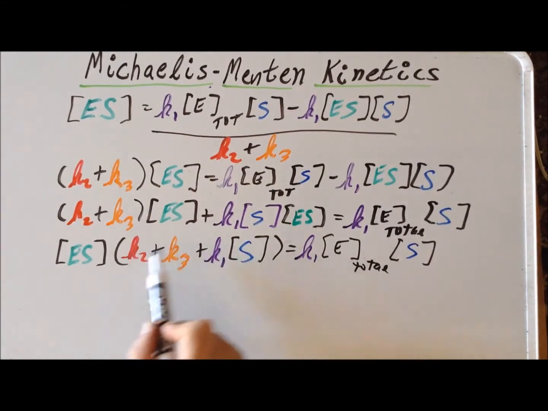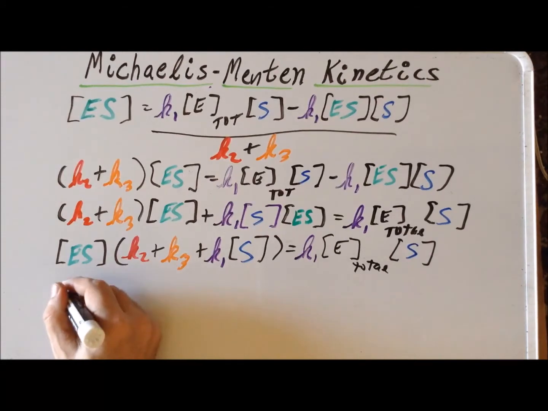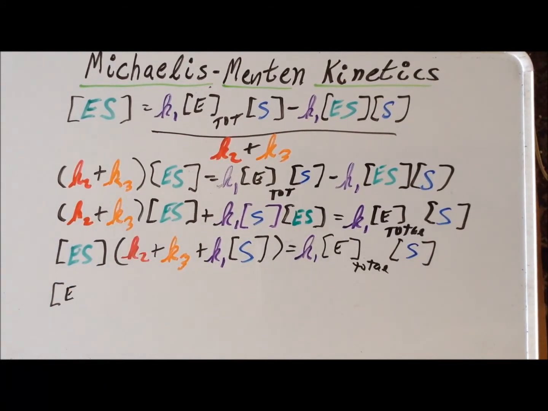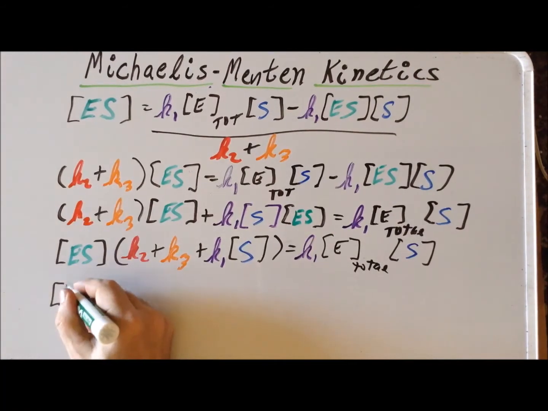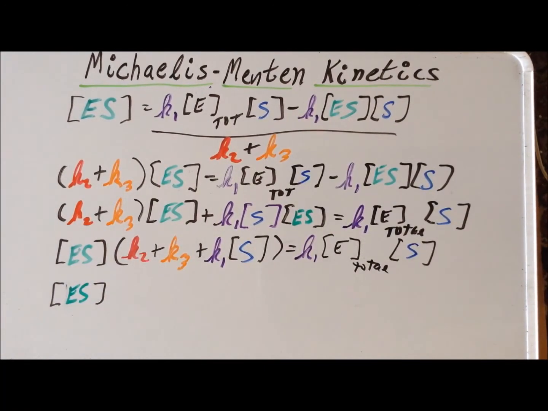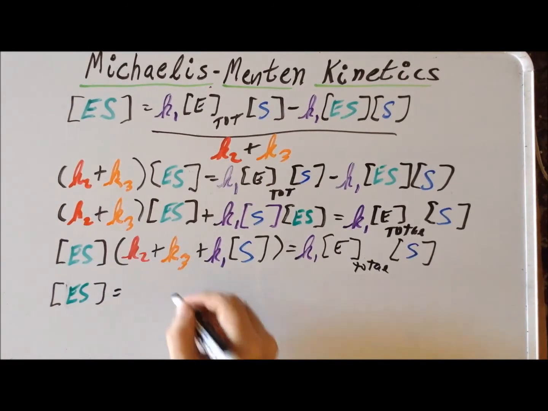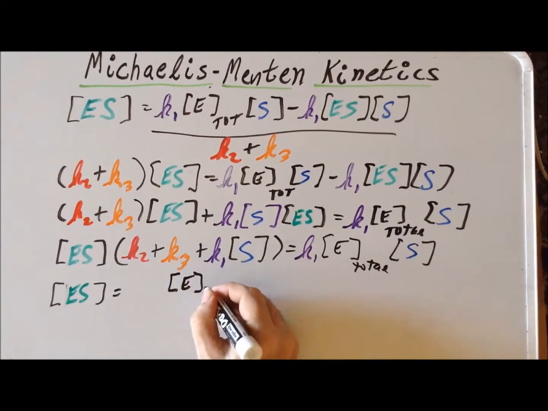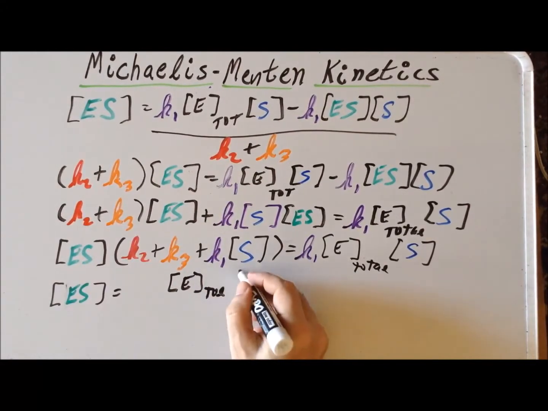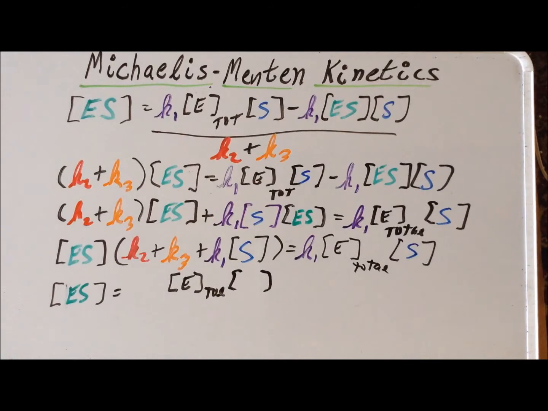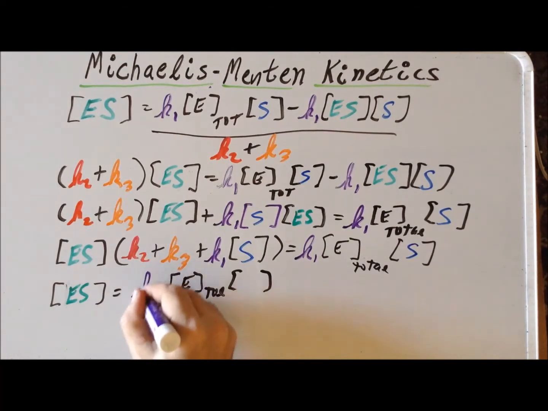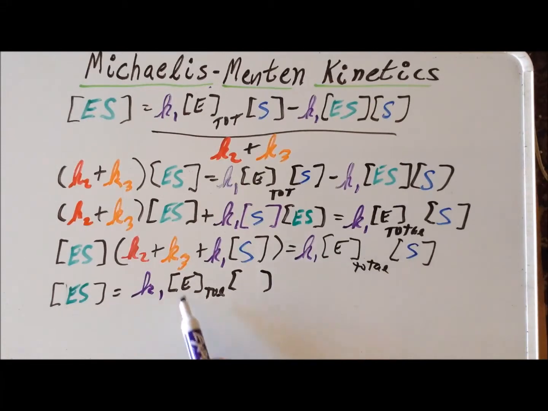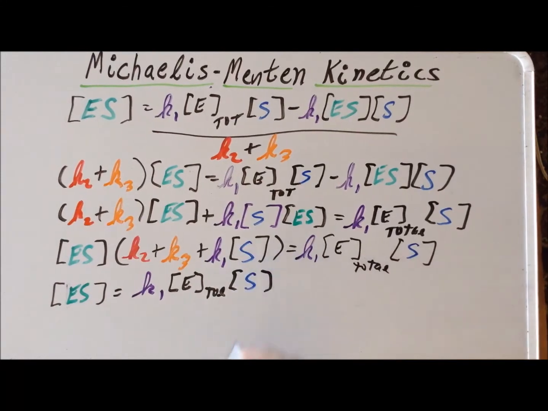Dividing through by the expression in the parentheses, we get an expression for the concentration of the enzyme substrate complex, ES, which is a complicated expression for the time being. We have K1 times E total times the concentration of the substrate S, that's our numerator.